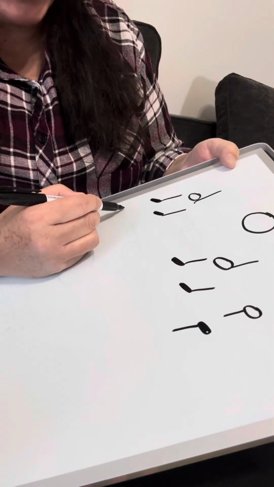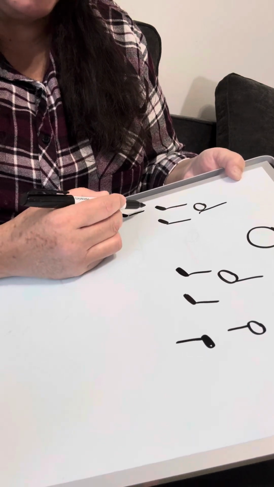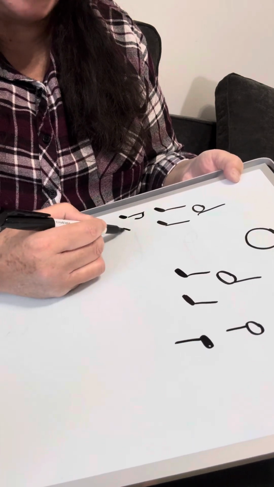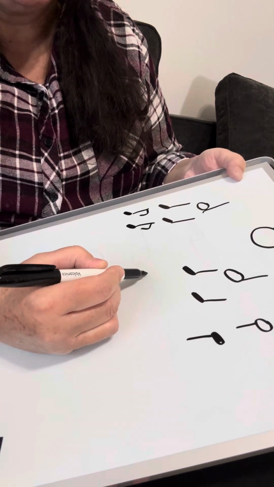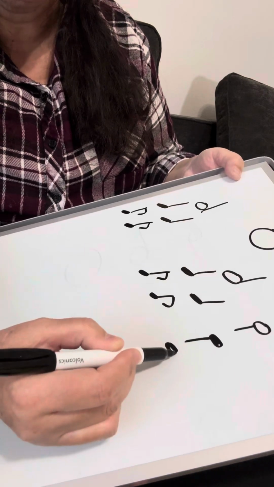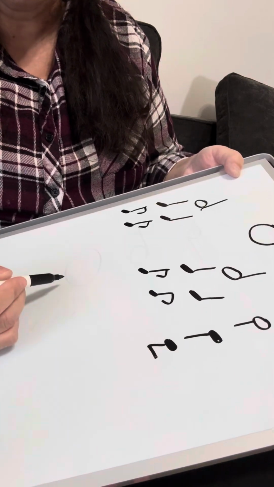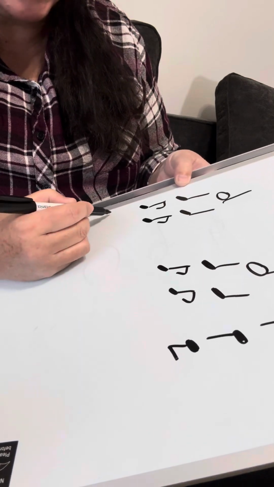An eighth note has one flag. It is a colored note head, a stem, and a flag or crochet. A sixteenth note has 2 flags or 2 crochets.